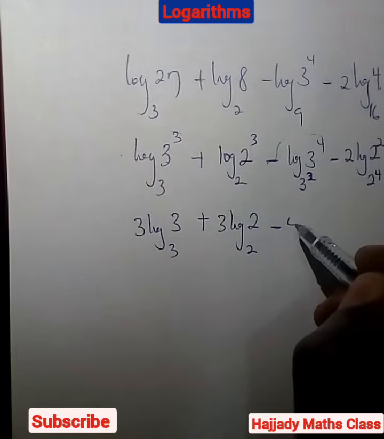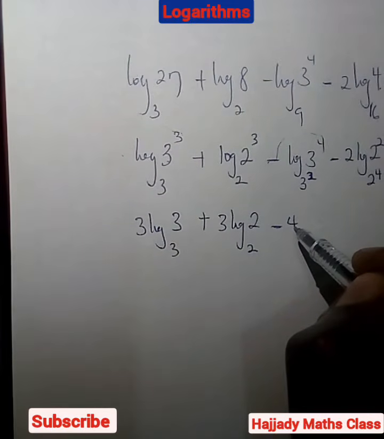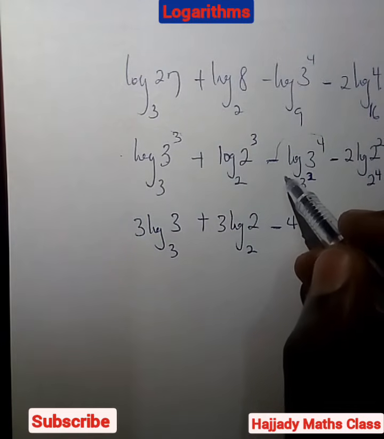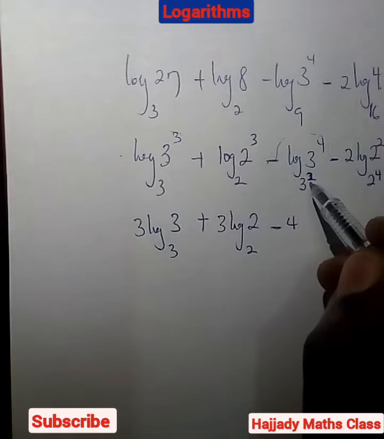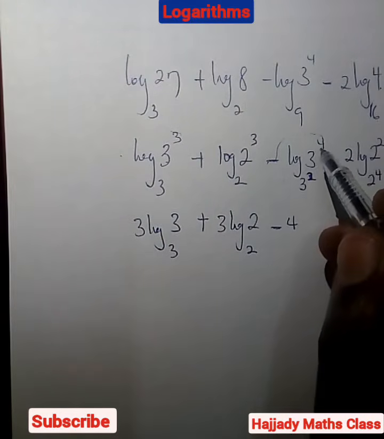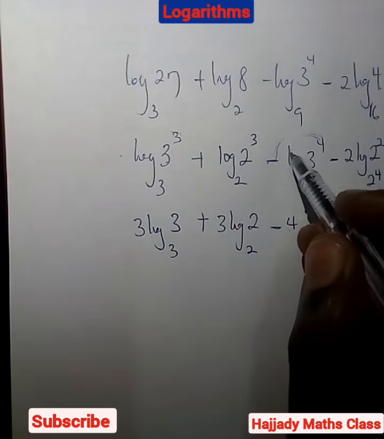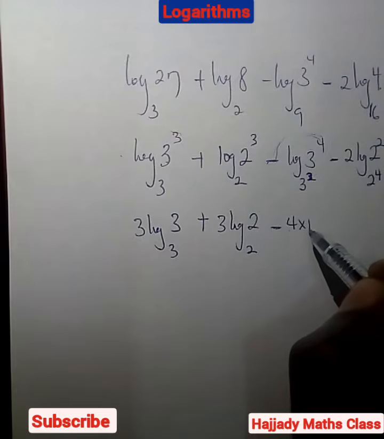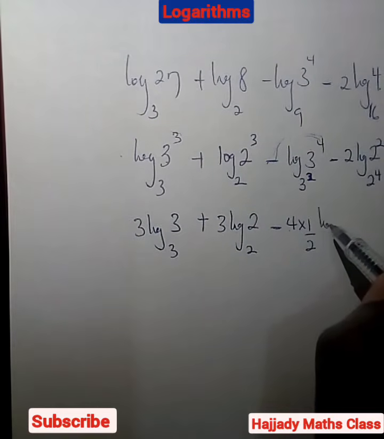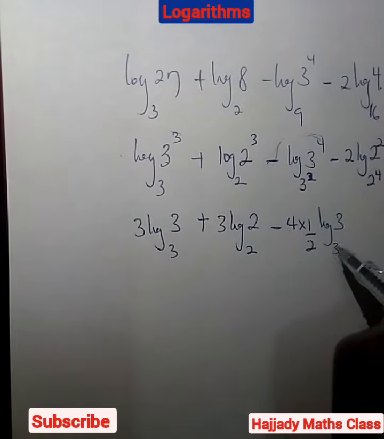Now there's one thing I said regarding the law, if you check the previous video: if the base power is coming to the back, it's going to be in reciprocal form. In this case, the 4 is coming to the back, and for the 2, we have it in reciprocal form, which is 1 over 2. Log, what do we have left here? We have 3 base 3.